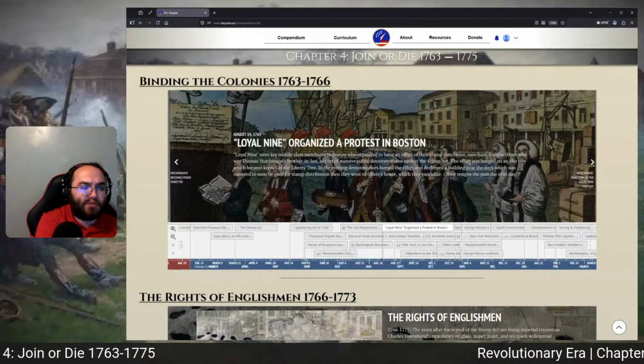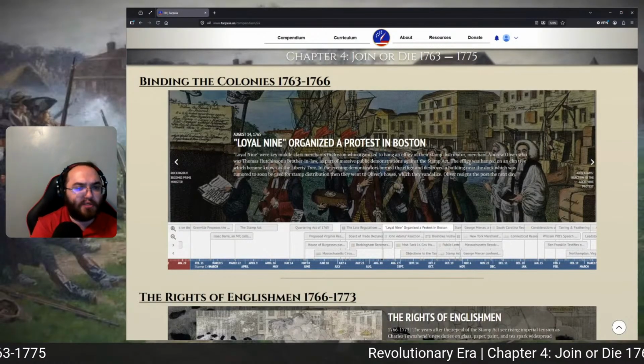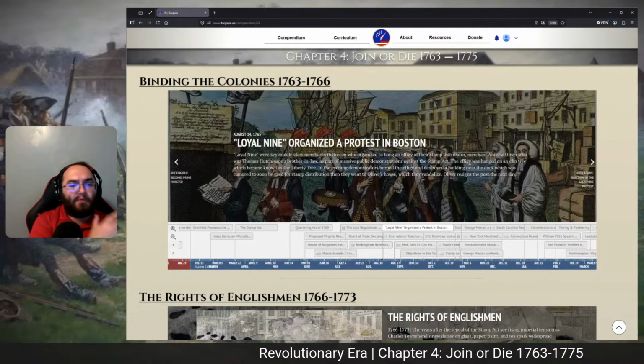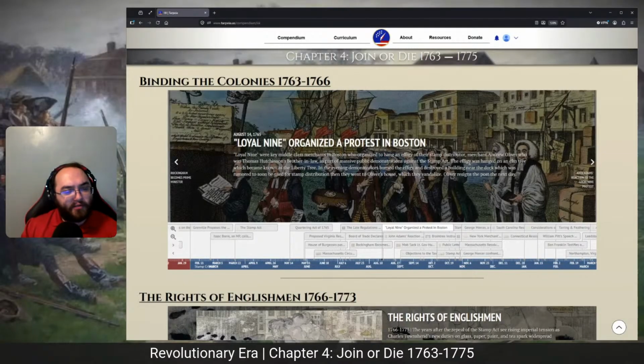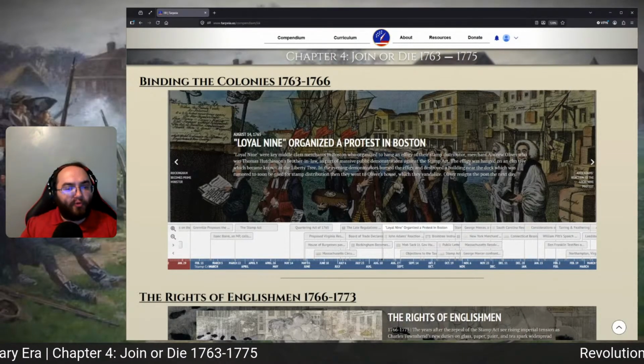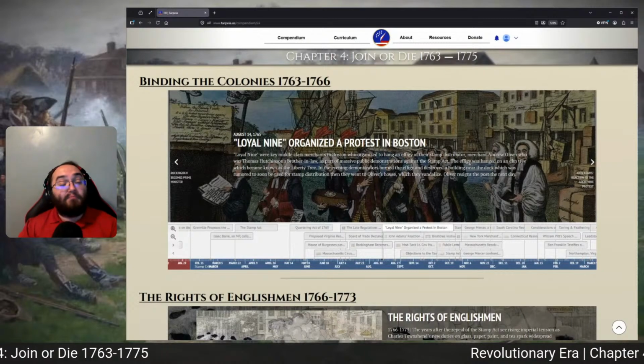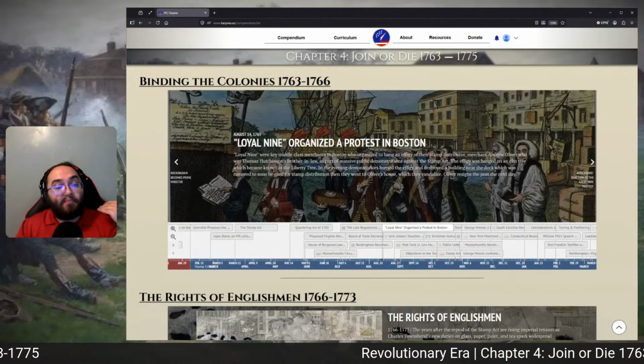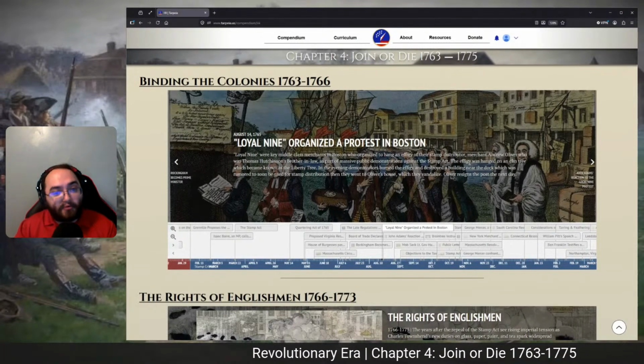You had these religious leaders who weren't part of the Church of England complaining about the Church of England and the expansion of that church's authority in the colonies. They're going to be complaining through the medium of newspapers, of writing political essays.